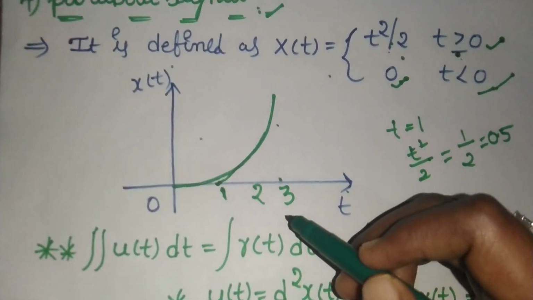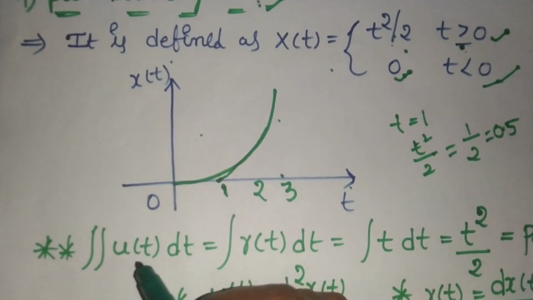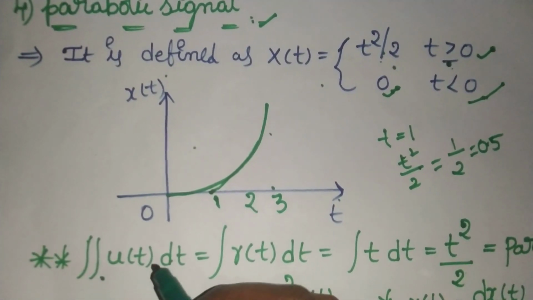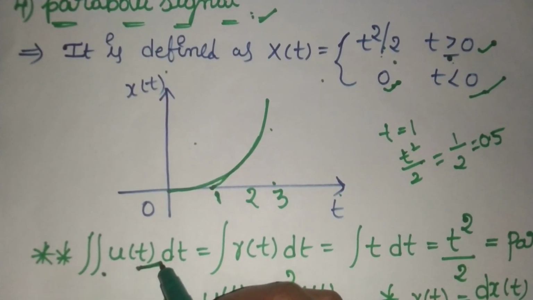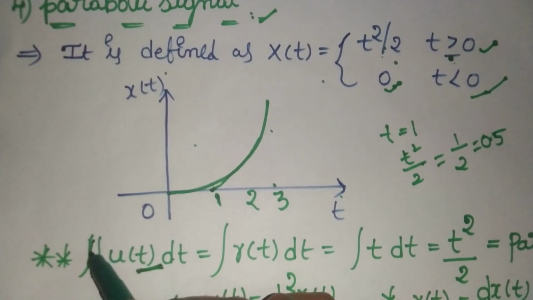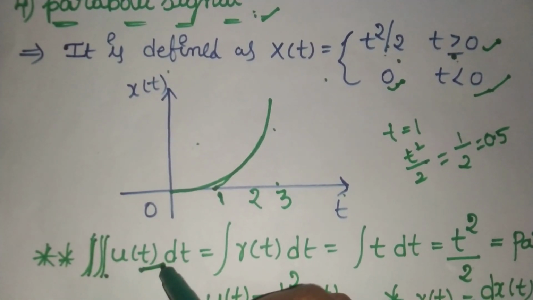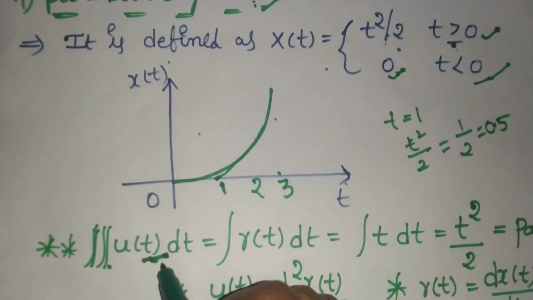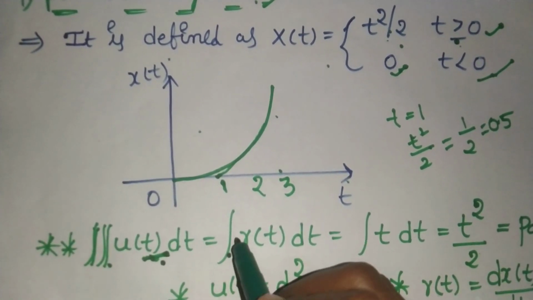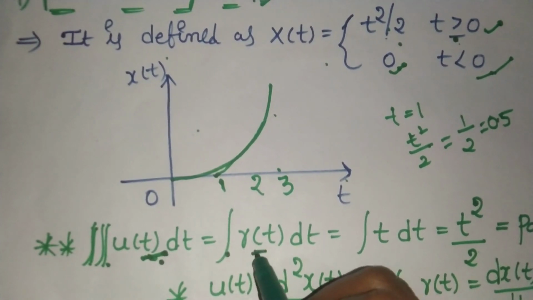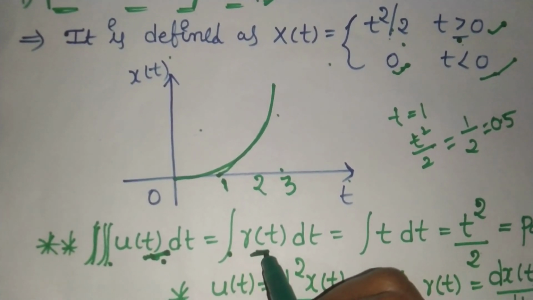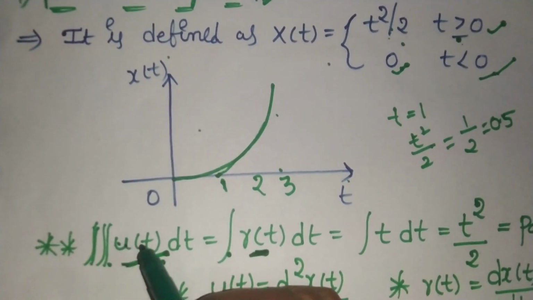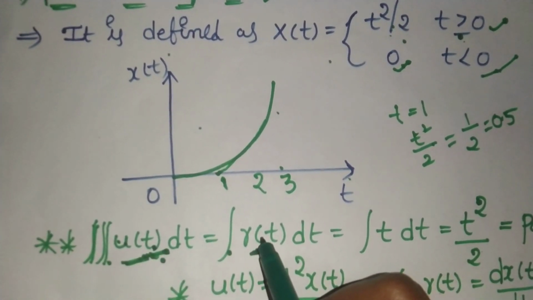Another important point is how we get the parabolic signal from the step signal. Whenever we apply double integration to u of t, which is the step signal, that is the single integration of the ramp signal. We already learnt that the integral of the step signal is the ramp signal.